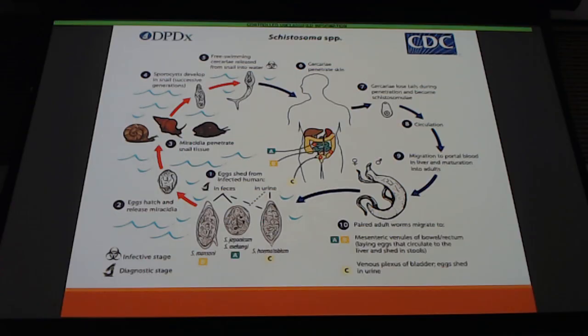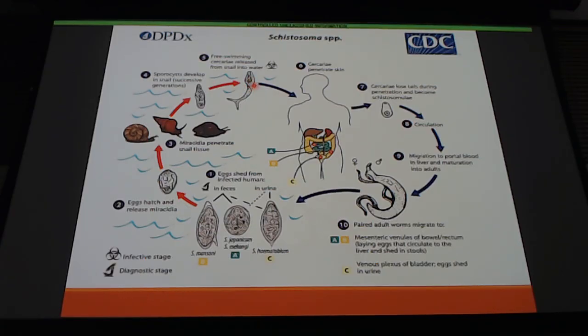Okay. So here's the, right, you got your contaminated eggs in the water, they hatch, they go into a snail, they do whatever they want to do inside those snails. They come back out. This is what it looks like when it's in the water. They're microns in size, so you really can't see them. This little top part here will go ahead and attach to your skin.